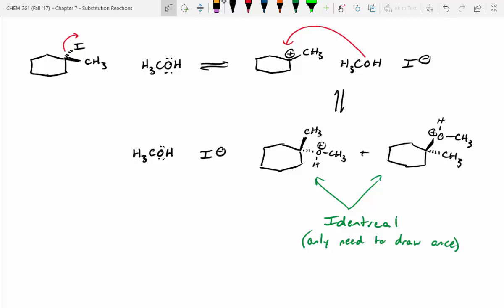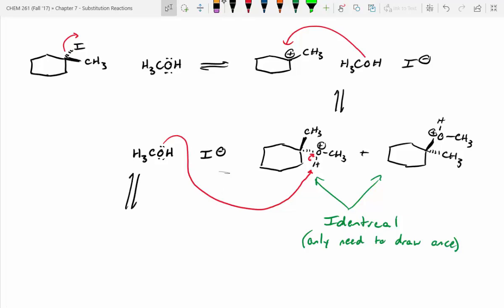So if you go to a pKa table, you'll actually find out that hydroiodic acid is stronger than hydronium. So hydroiodic acid is a really, really strong acid. That means that iodide is a really, really crummy base. So in this next step, it's more likely that your methanol is going to grab this proton.